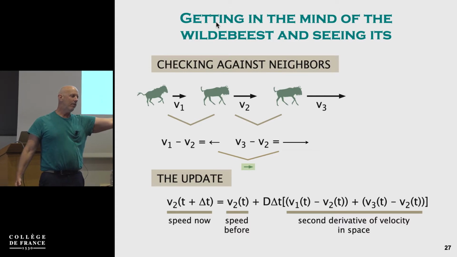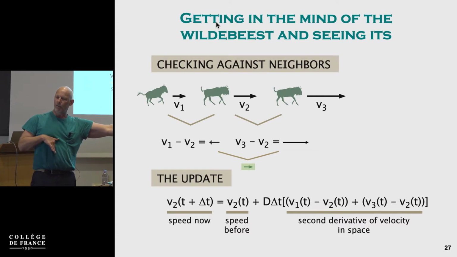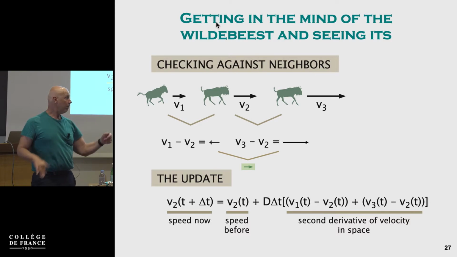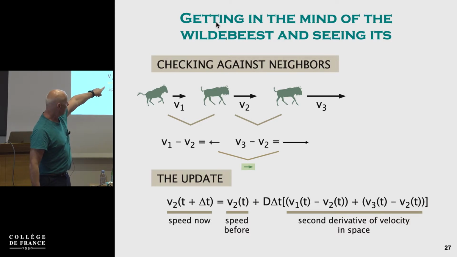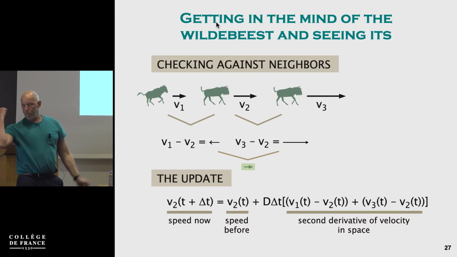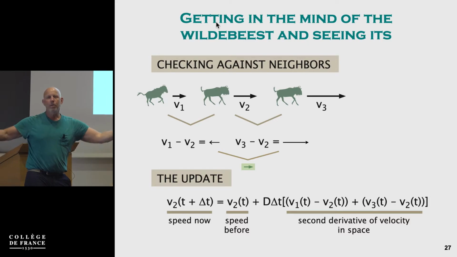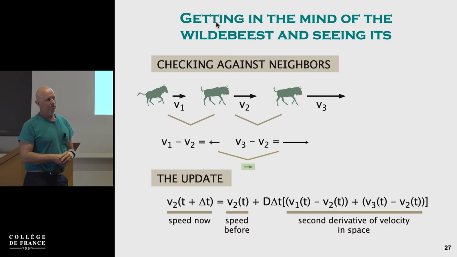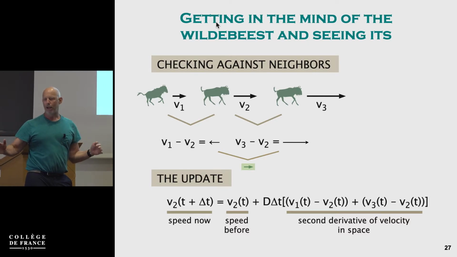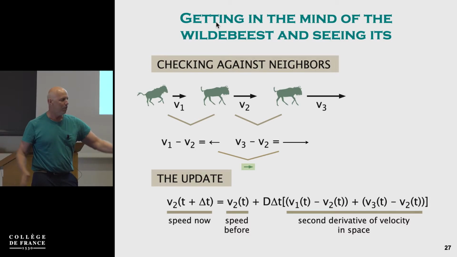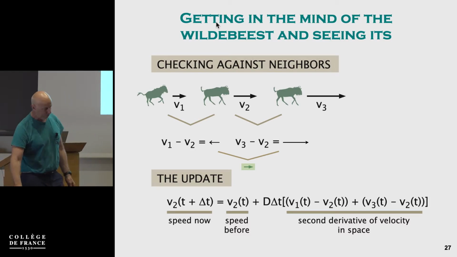I look at the neighbor in front of me, and I take the difference between its speed and mine, and that's the arrow, which is green, called V3 minus V2. Similarly, I look at the one behind me, I take the difference, and that gives me a different arrow. Then I average them. That's being maximally democratic. I'm trying to match my speed to everybody as best I can.